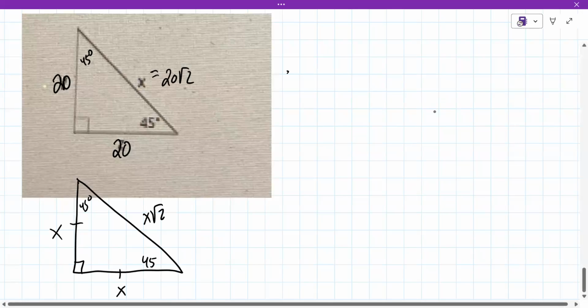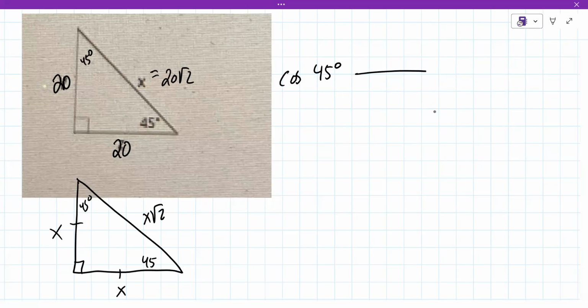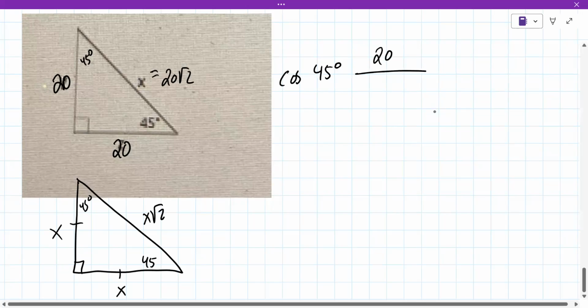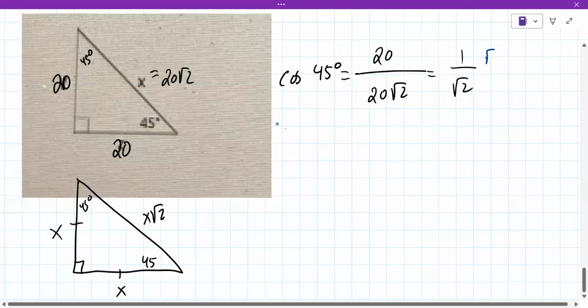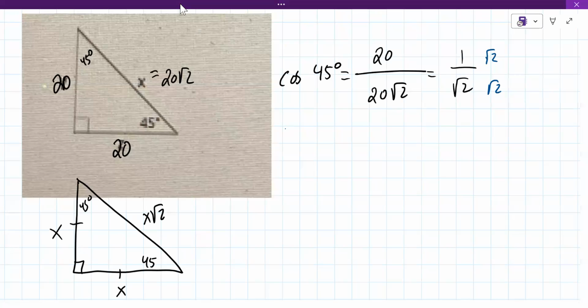Now let's find the cosine of 45 degrees. The cosine is adjacent over hypotenuse. So that would be 20 over 20 square root 2. And that would just be 1 over square root 2, and you have to rationalize. So multiply top and bottom by root 2.